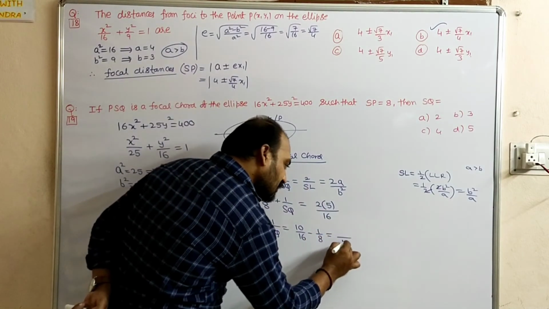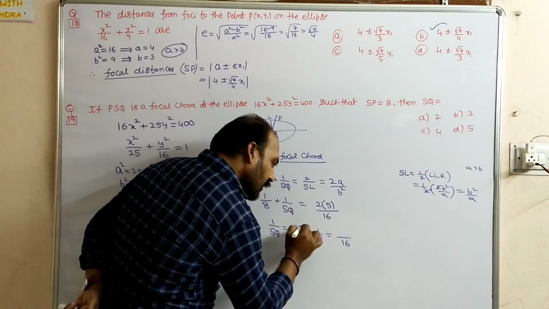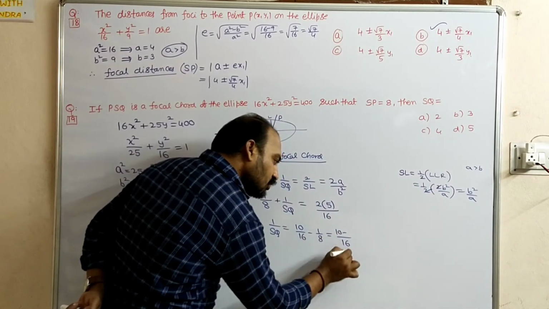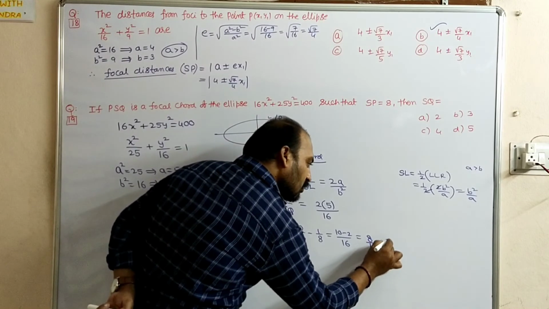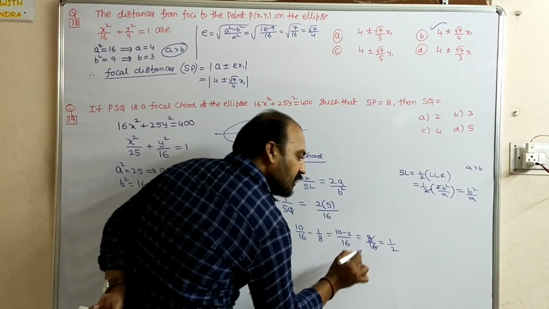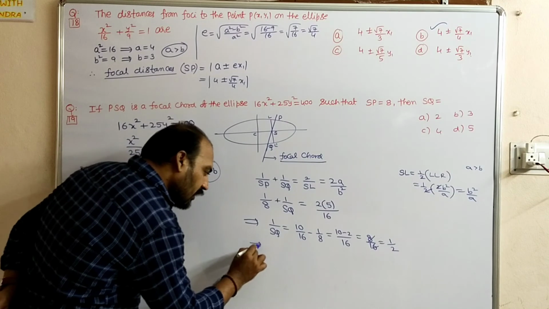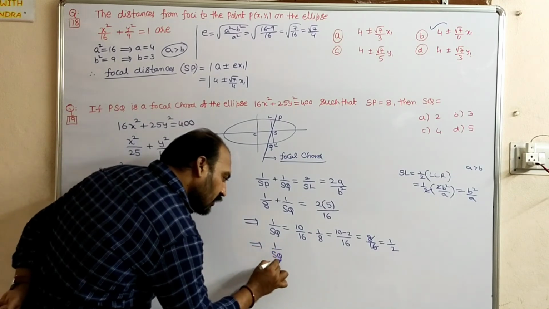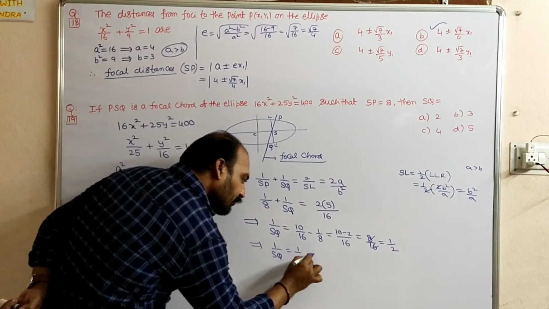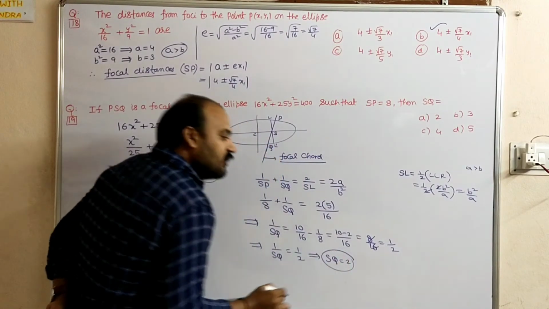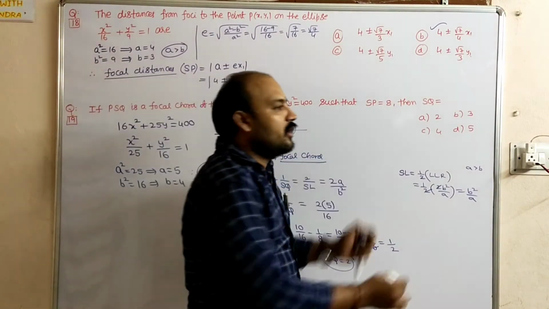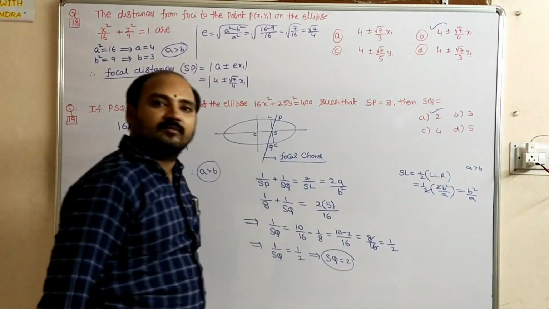So LCM is 16. 16 ones are 16, 1 into 10 minus 8 twos are 16, 2. So 8 by 16 which is equal to 1 by 2. So 1 by SQ is equal to 1 by 2. So that implies SQ is equal to 2. Therefore, they are asking to calculate SQ value. The value is 2. We got it here.